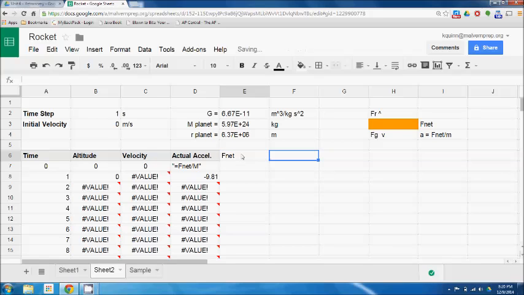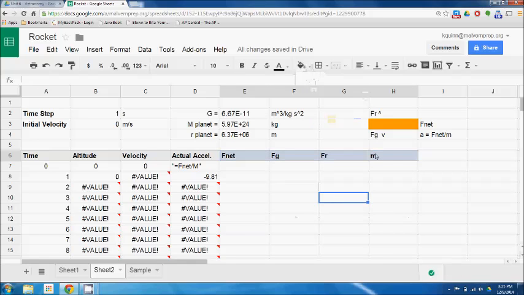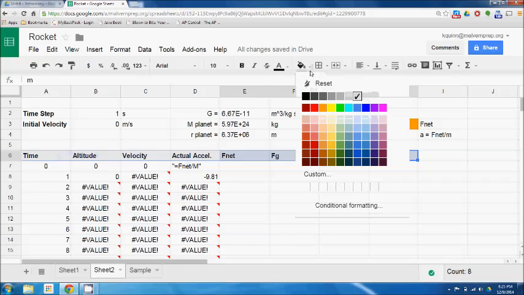We know that F net depends on Fg and Fr, so let's make two more columns, Fg, Fr. And then we also know that we're going to need mass, so let's put another column for mass. So we got all these different columns now. And let's make them stand out a little bit. There we go. I'll make this whole row the same color too.